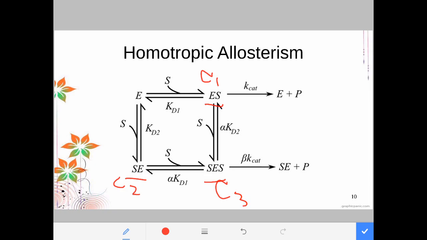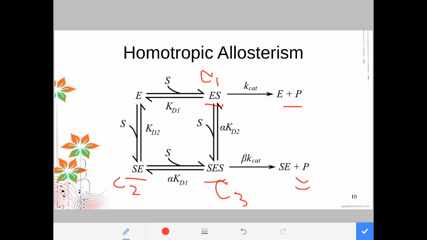So you have two substrates binding to a single enzyme, and then that can undergo a catalytic reaction to form the product. Another look at this one: your enzyme and substrate complex C1 can also undergo a catalytic reaction. So you have formation of your product with just one substrate bound to the enzyme.